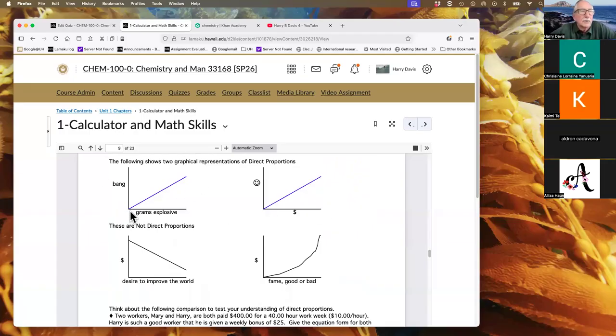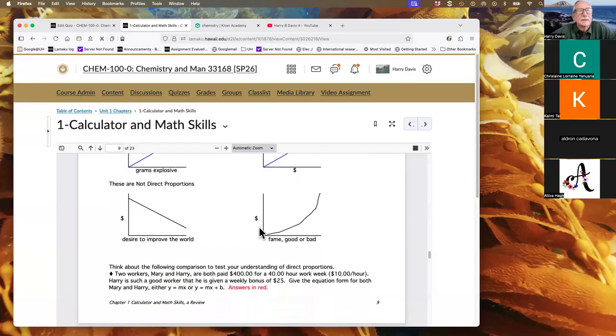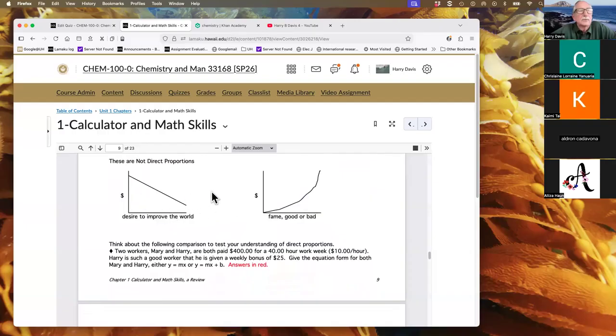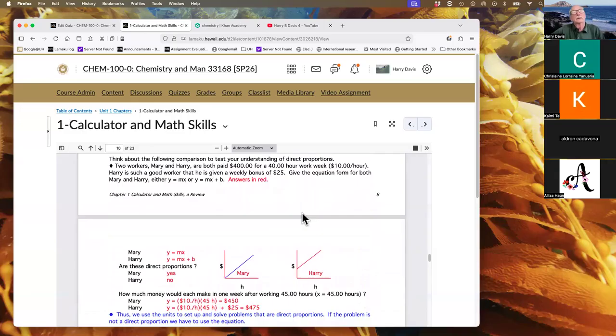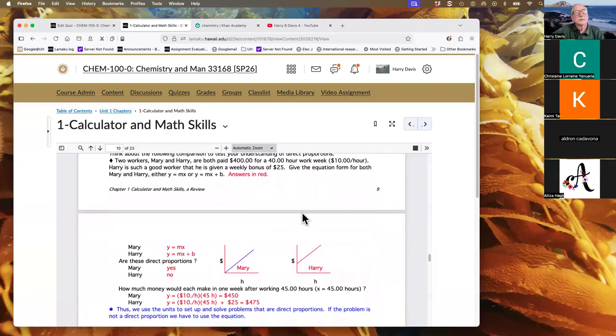So this is a chemical reaction. The more grams of explosive you have, the bigger the bang is going to be. The more money you have, the more happiness you have. Well, maybe. These are not direct proportions, right? And so here, this tells you a good example of what's the difference between y equals mx and y equals mx plus b.